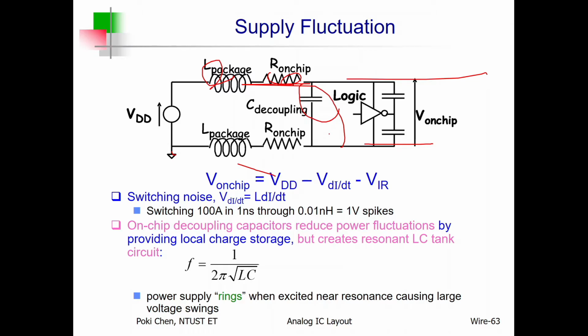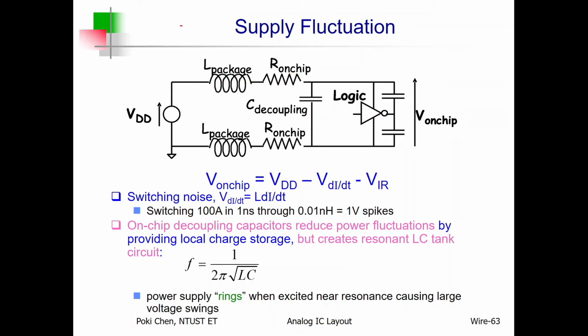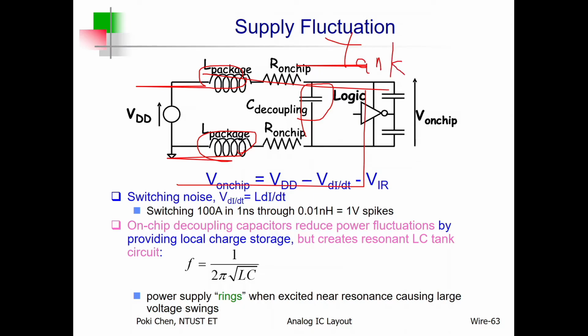Especially nowadays, as I mentioned, the inductor is really huge. The capacitor is even larger than before. So such an LC tank may resonate, okay, with the resonant frequency here, right?